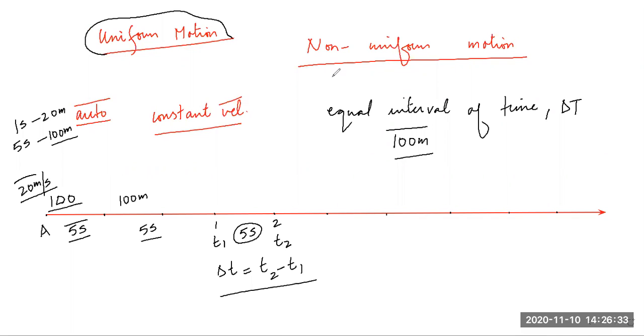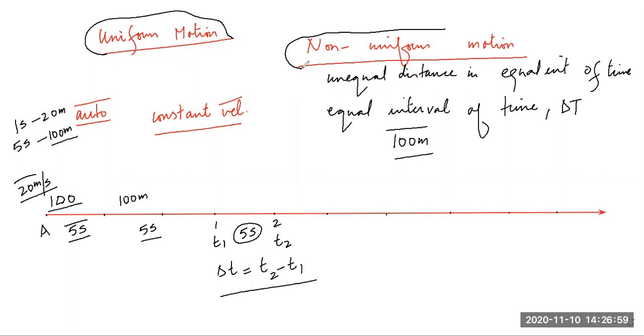If something is traveling and it's covering unequal distance in equal intervals of time, then the motion is said to be a non-uniform motion.